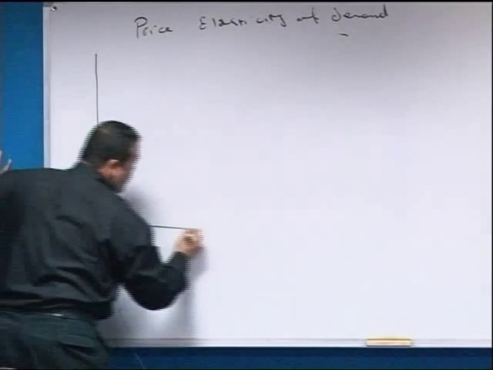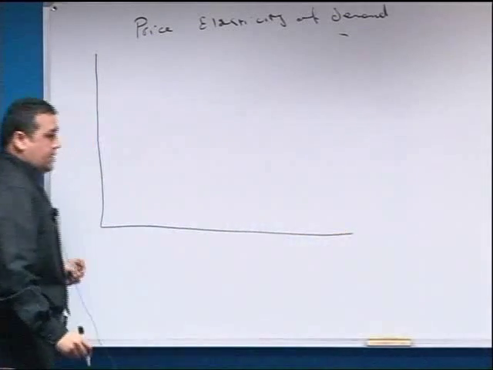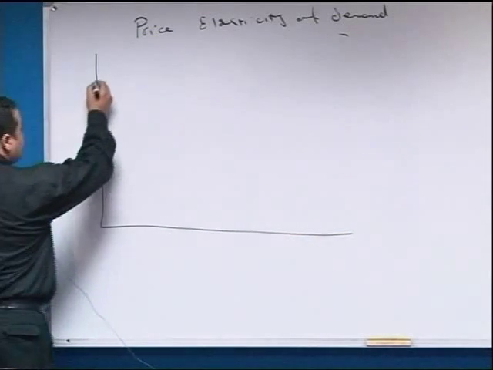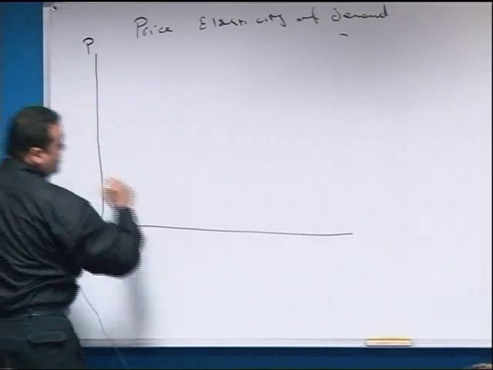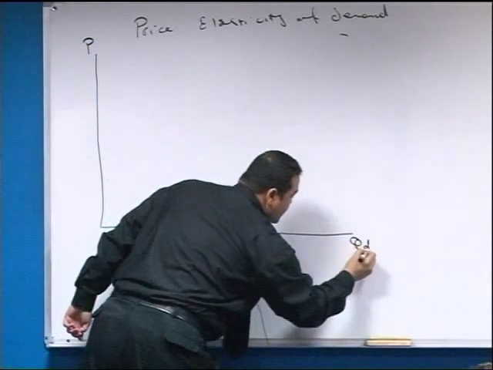Suppose that we have the following diagram or figure. This is the price, and this is the quantity demanded.